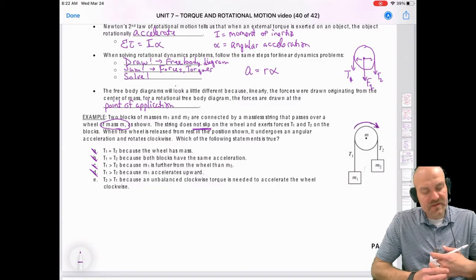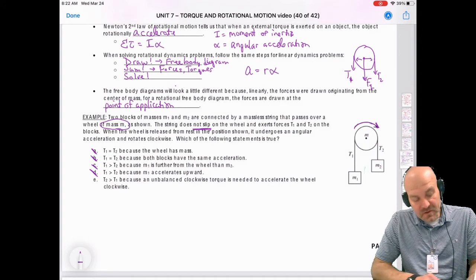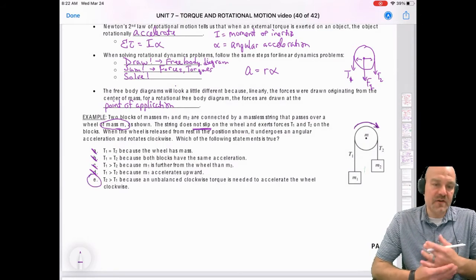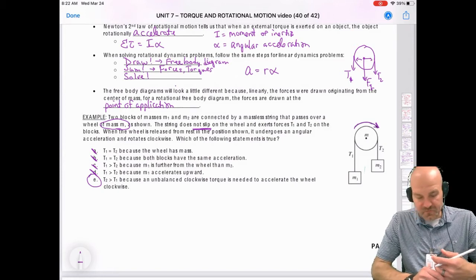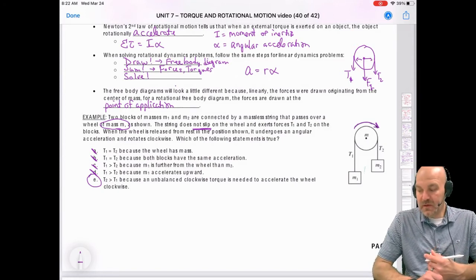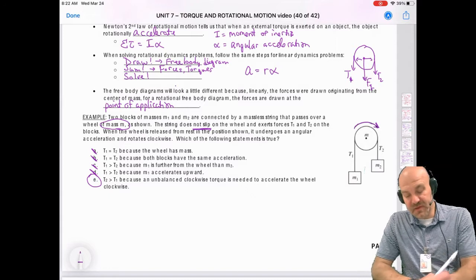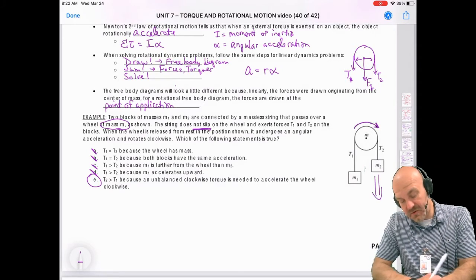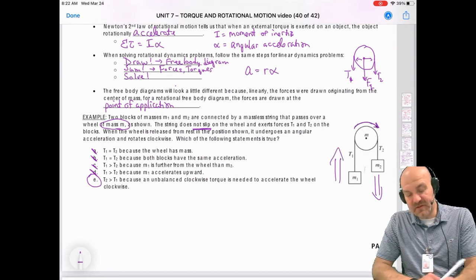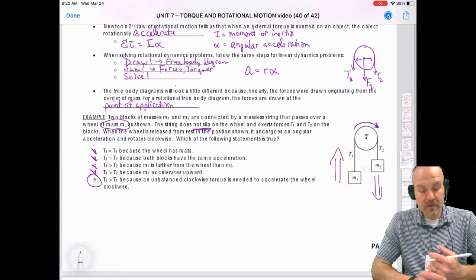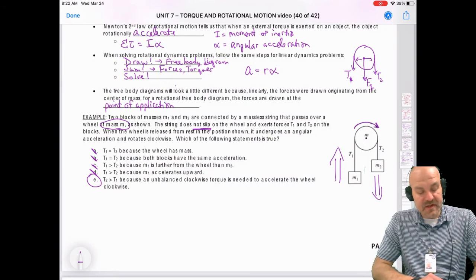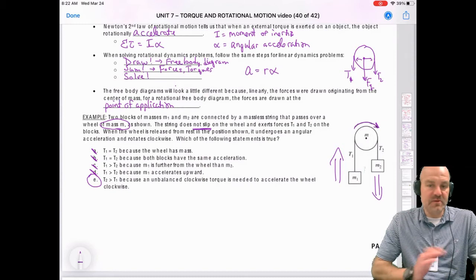T2 is greater than T1 because an unbalanced clockwise torque is needed to accelerate the wheel clockwise. That is our correct answer. For this pulley to rotate, T2 must be greater than T1, so this side has to go down and that side is going to go up. If T1 was greater than T2 in this case, the acceleration would be the other way.